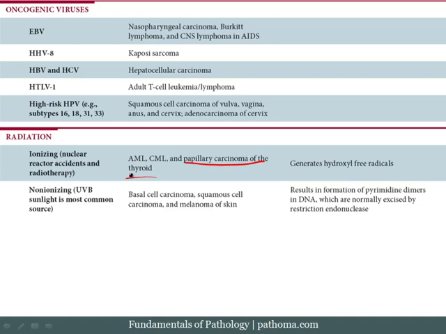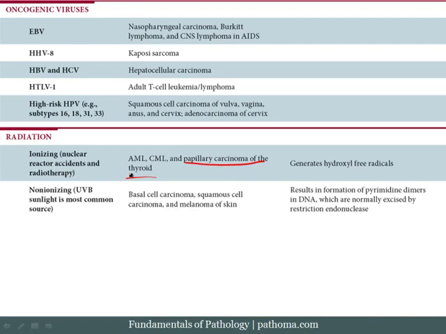Also, there was an increased risk of development of AML, and also an increased risk in patients exposed to development of CML. So AML, CML, and papillary carcinoma of the thyroid are the three cancers that are associated with ionizing radiation. Now, I want you to remember, I've already mentioned it once, but here we're going to review it one more time, and that is the mechanism by which ionizing radiation actually increases this risk is by the generation of hydroxyl free radicals.